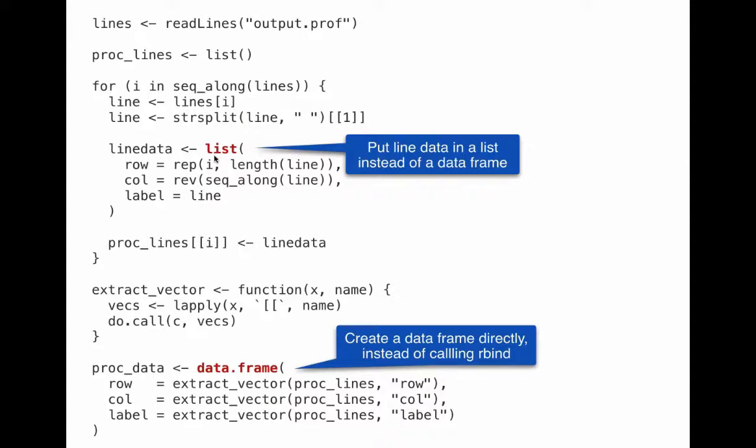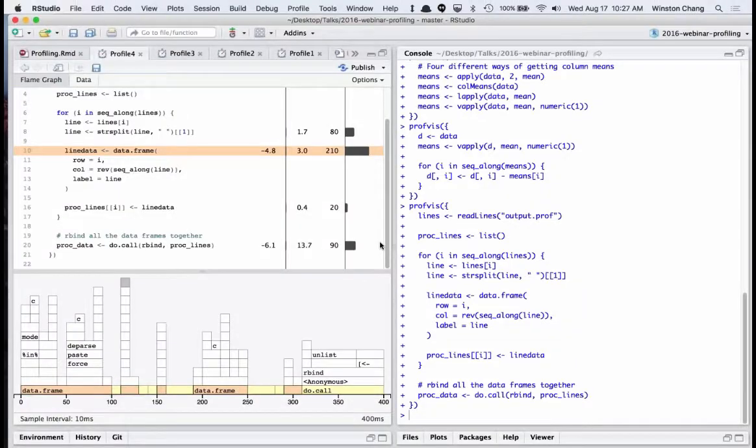It's essentially a list, but a data frame enforces a few things, like each of the vectors needs to be the same length. But if we're careful, we can just use a list instead, and then I create a data frame at the end by calling data.frame and extracting out each of these columns from the list of lists that I have.